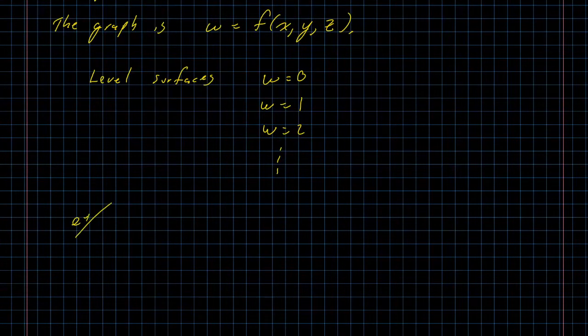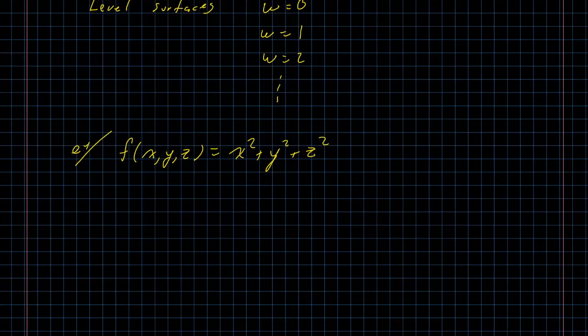Very often, this is impossible to actually do, but if you have a relatively well-behaved function, like f of x, y, and z is equal to x squared plus y squared plus z squared, then when w is equal to 0, we get x squared plus y squared plus z squared equals 0, which is just the point 0, 0, 0.